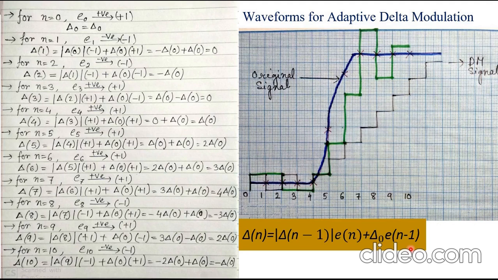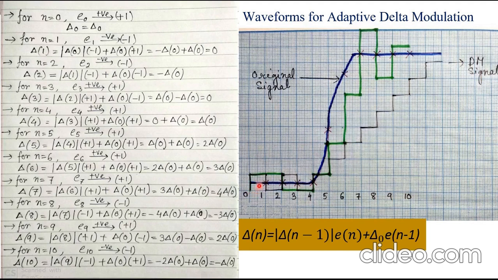So now, let us do the calculation for n equal to 0. Now see, if n equal to 0 and if you started from here, then input signal is greater than staircase signal.